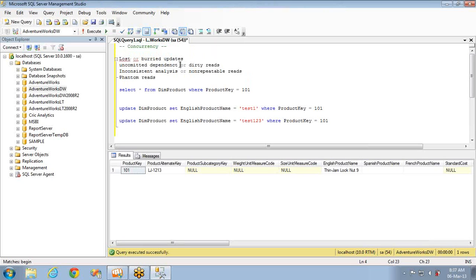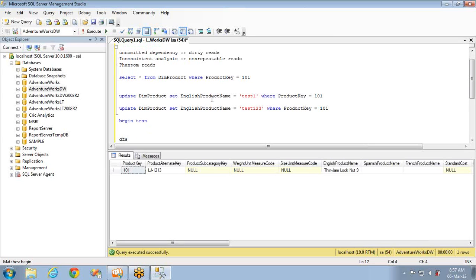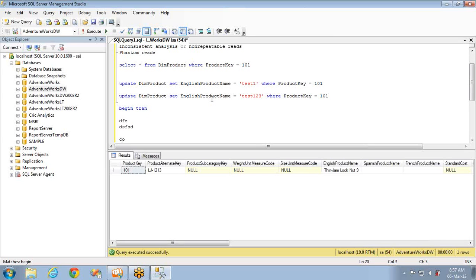Next, the second one is uncommitted dependency, or dirty reads. When one guy is executing a transaction, and you don't apply the lock, let's say I have a begin transaction, some statements, and a commit transaction.